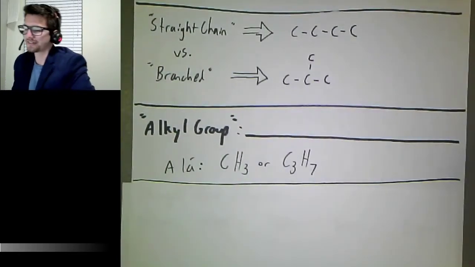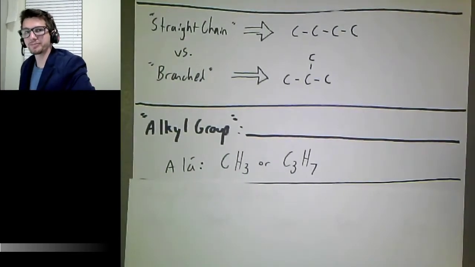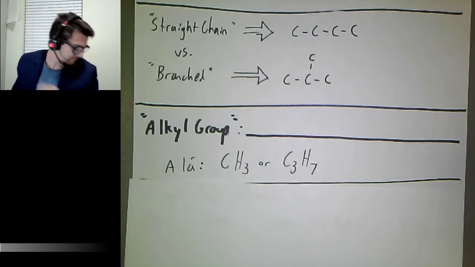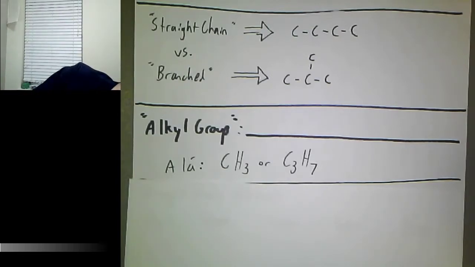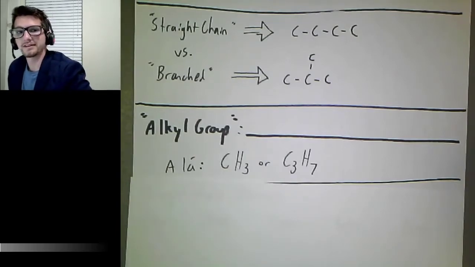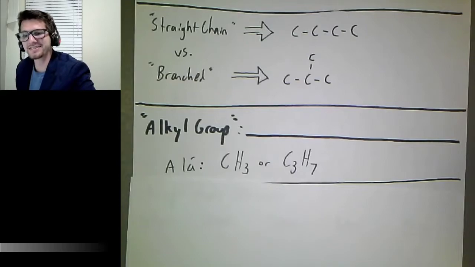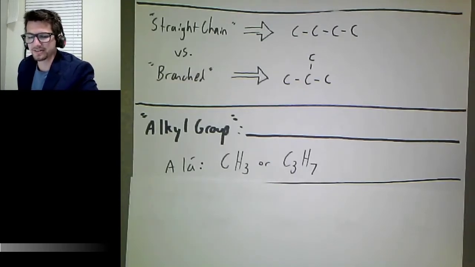Next thing we're going to define. An alkane group, remember what we said on the last page, was a straight chain of hydrocarbons. Now, what is an alkyl group? Well, we said alkanes were a set of hydrocarbons that only have single bonds.